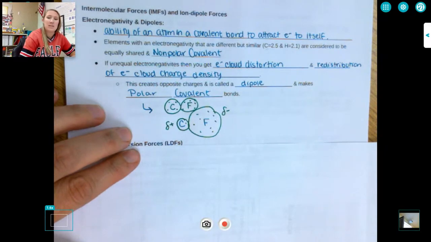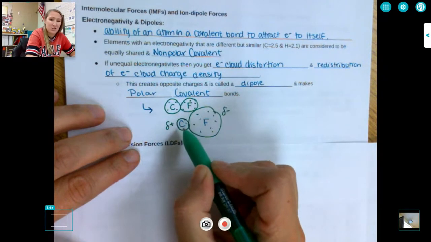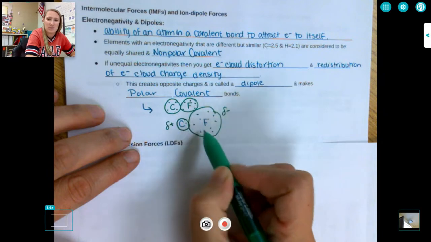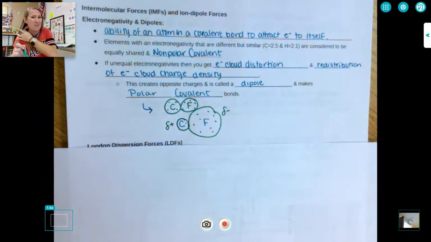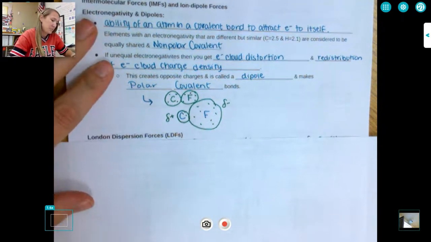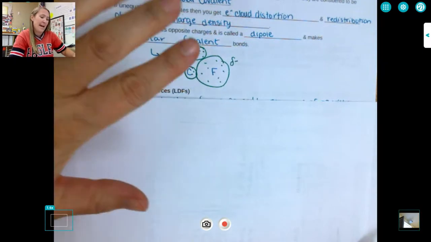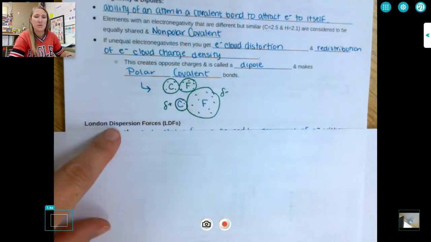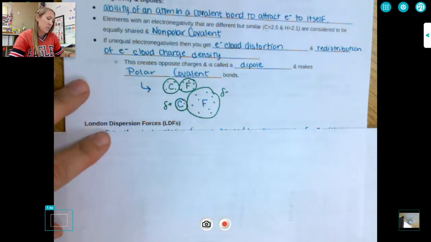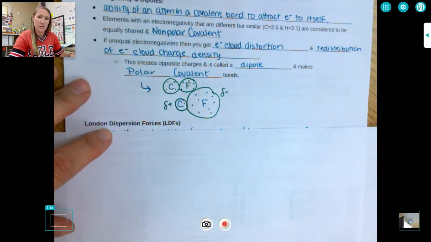Okay, and this happens again because, well, this guy's kind of electron deficient because it's lost most of its electrons to fluorine. Even though they're sharing, it's like sharing with an older sibling. They probably took more than they were supposed to, right? Same type of thing. So depending upon how much is shared or not shared, that's going to determine what type of intermolecular forces we have.